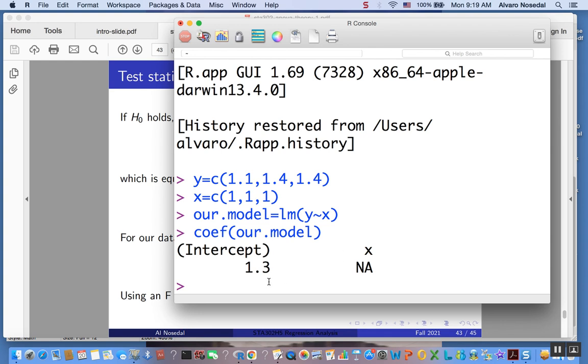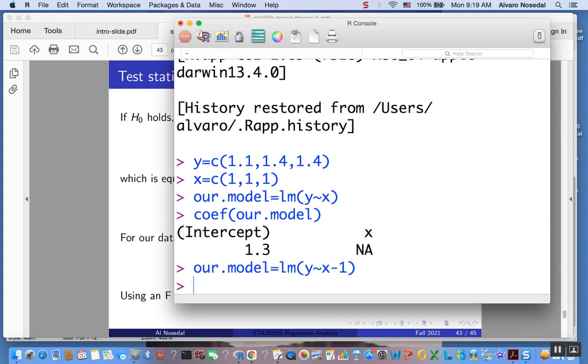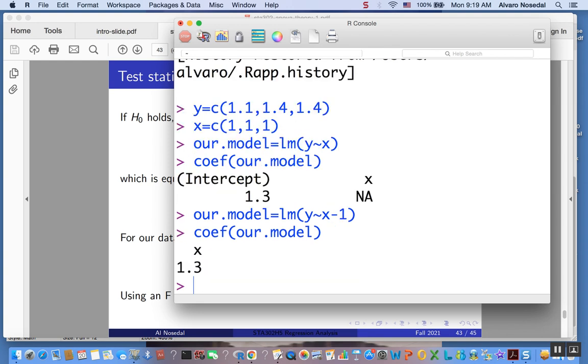So, to see the results in a better format, let me modify this a little bit. When you do this -1, what you're telling R is to remove the intercept from the model. And you'll see in this case we have only 1.3, because what we're doing there is basically fitting the model like the one we're fitting, with only an intercept. Make sense? Okay, anyway.